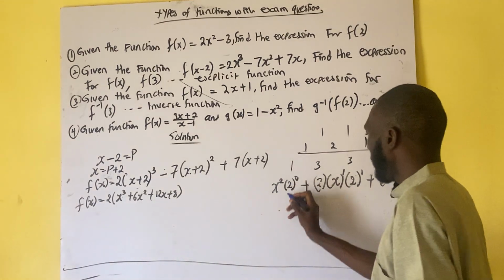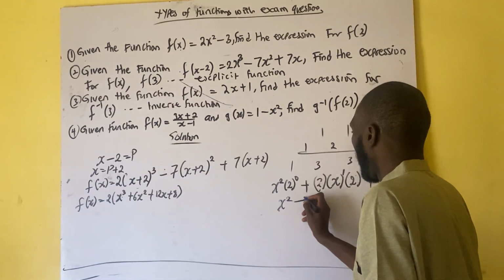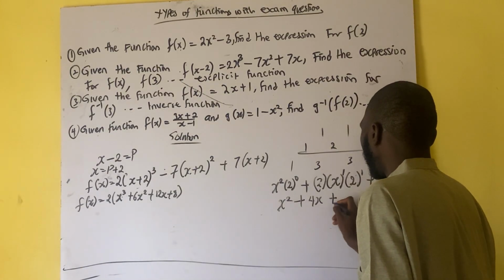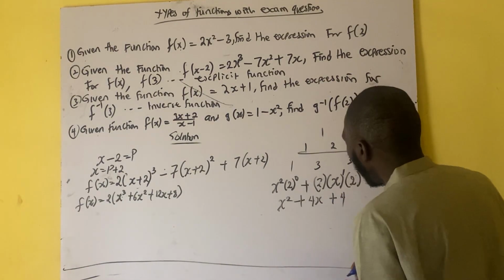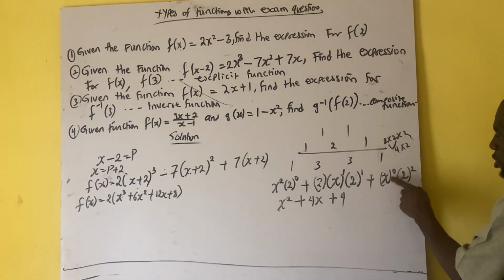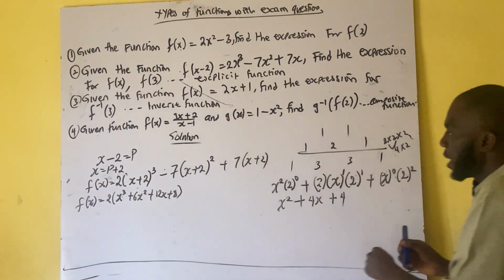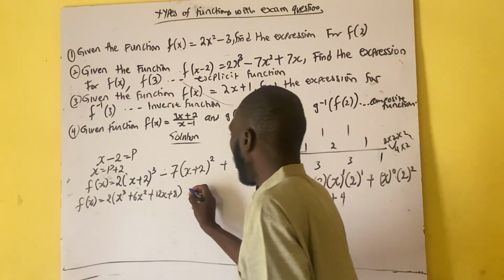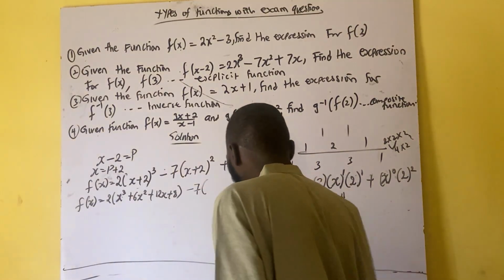So therefore, I'll be having x square plus 4x plus what? Plus 4. So like I said earlier, x to the power 0 is going to give you 1. So anywhere I see this one, I'm going to input this thing inside here. So I'll be left with minus 7, open brackets.